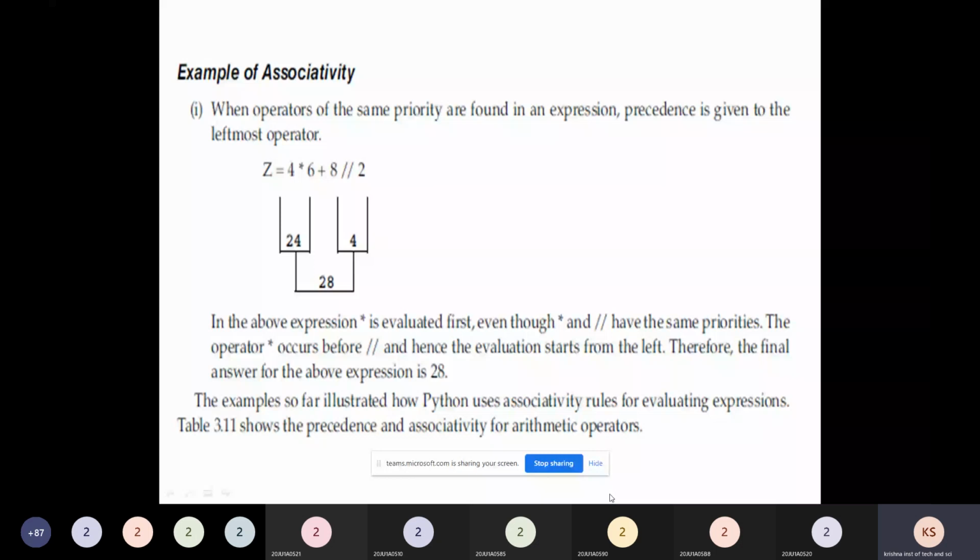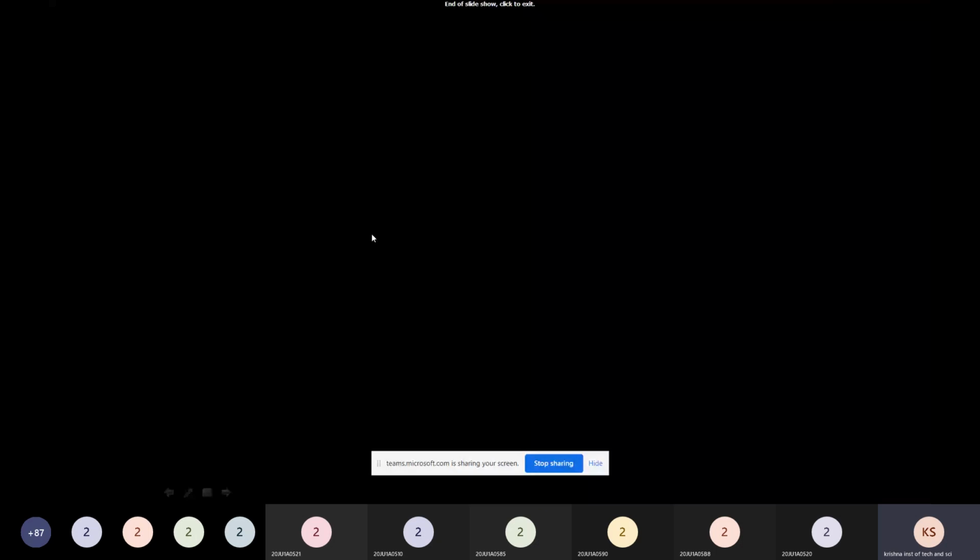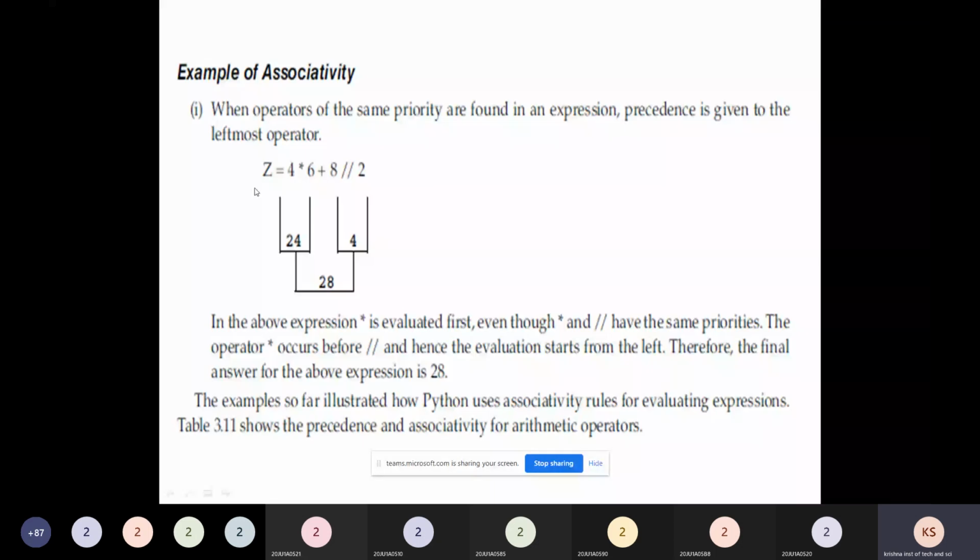See this one, with the same precedence: 4 into 6 plus 8 floor division 2. First of all, which one do we have to compute? Arithmetic expressions follow left to right, so the multiplication is evaluated first. 4 into 6 gives 24.